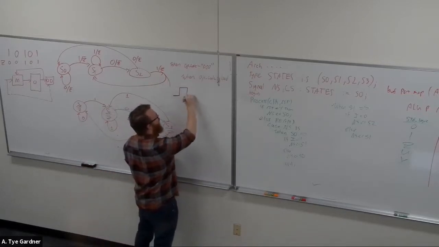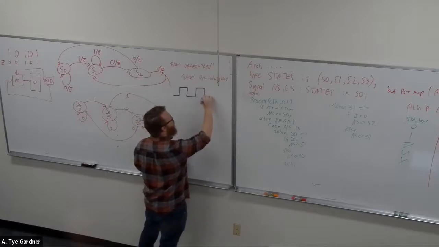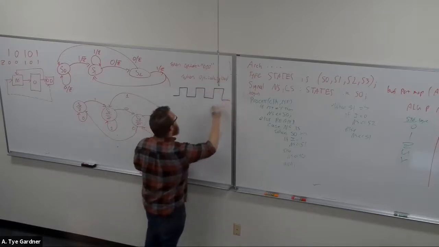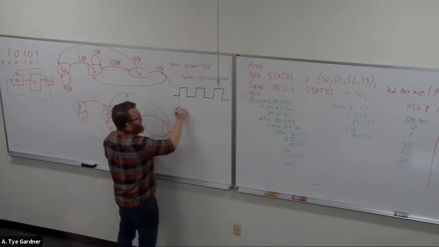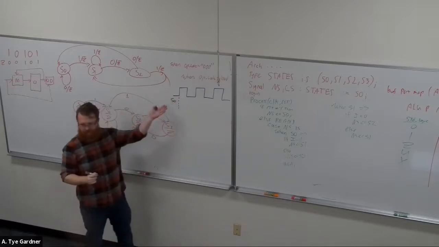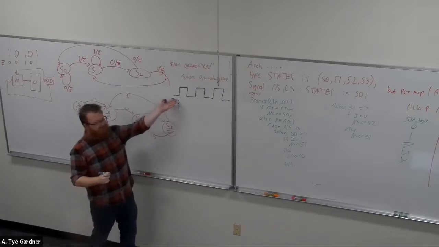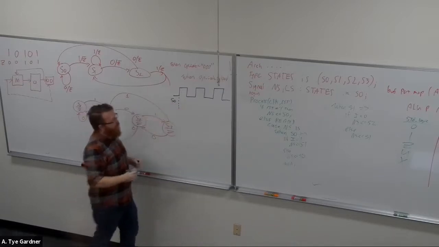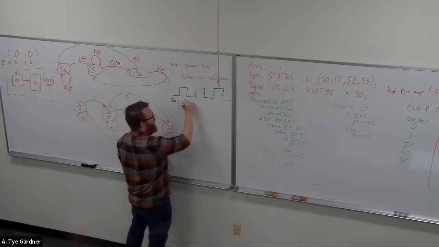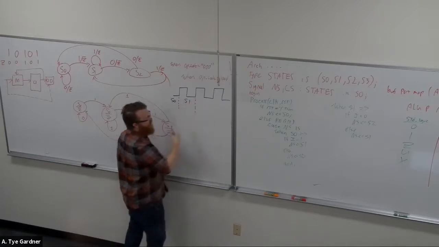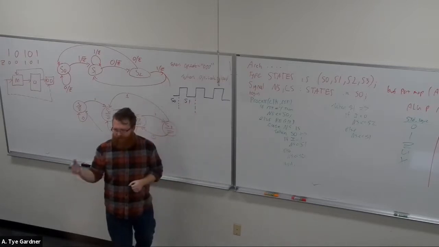this is my clock that is changing states. And up until this point, I'm in S0. This is my state. This rising edge happens, and I'm going to go to S1. And let's say that I actually get the correct sequence 101.